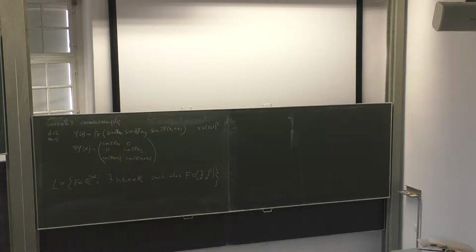So it's a subspace of matrices which have this structure. And what we see is that the gradient of phi lives in this subspace for every x.